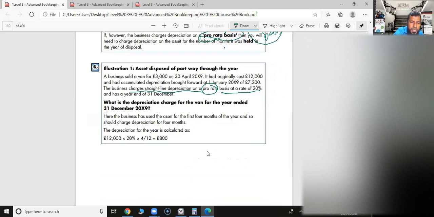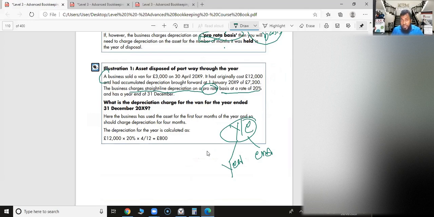Let's talk about this particular example. At this point of time, I'd like to share one utmost important term with you, which is year end, YE. Normally we refer to it as year end. Financial year end can start from anywhere and stop after 12 months.